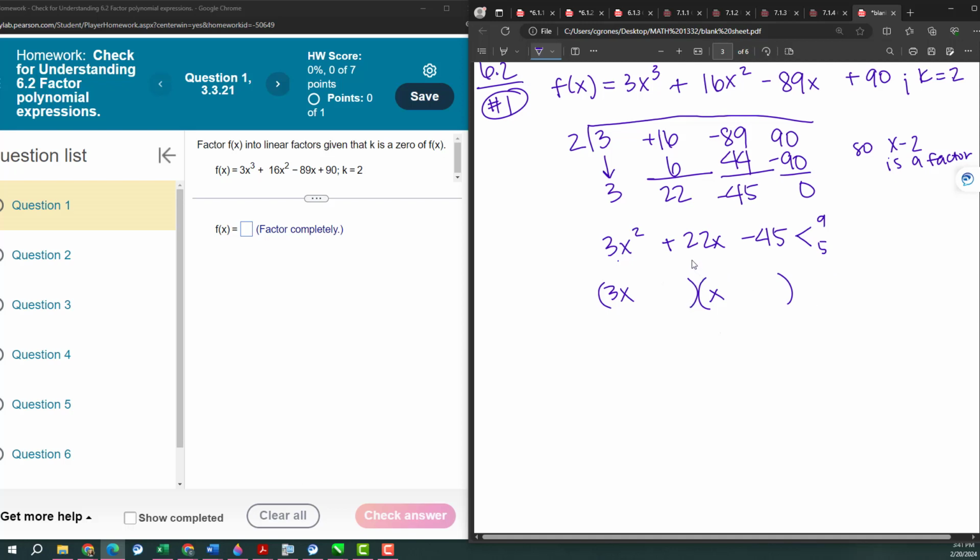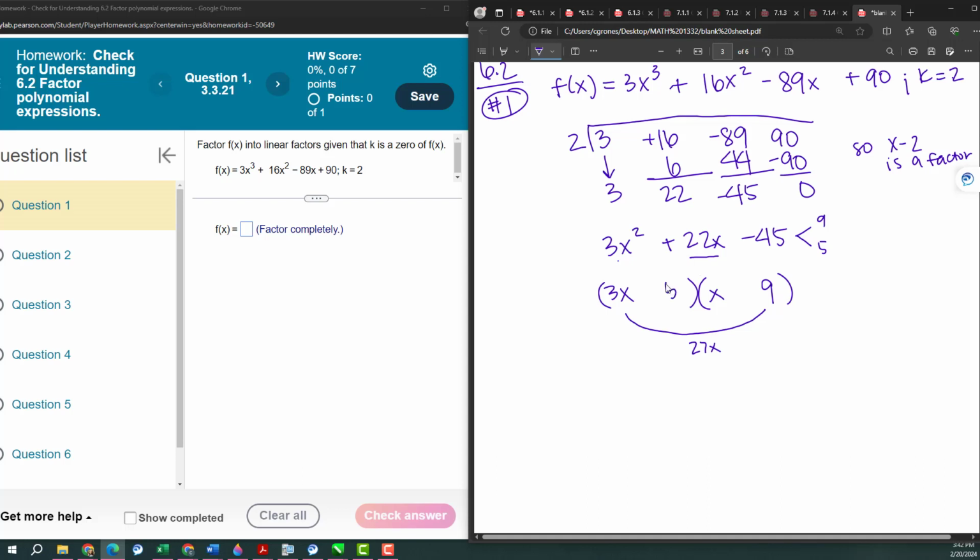And I need the x's to total 22, so I need to keep that in mind. So one thing that I can do is multiply 3 times 9, because that gets us close to 22. 3x times 9 would give us 27x.